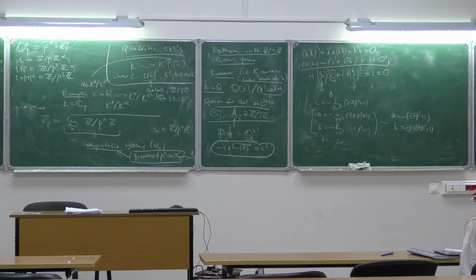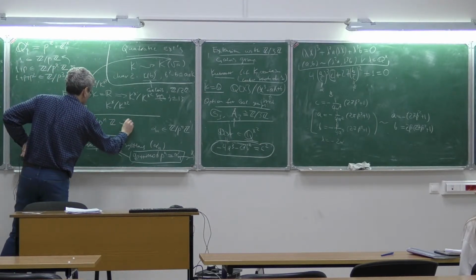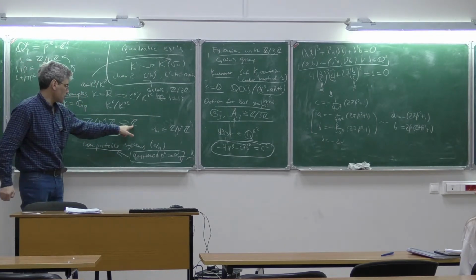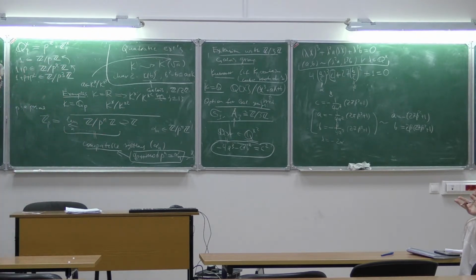And of course you have a natural inclusion here, namely you can embed integers, because each integer has a residue in each of these. So these are called p-adic integers.